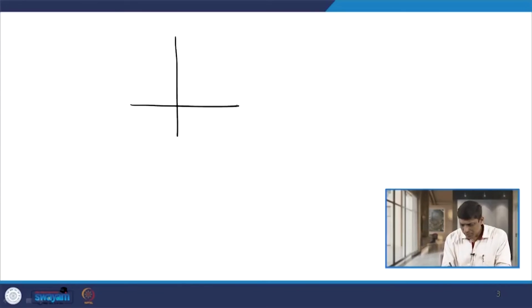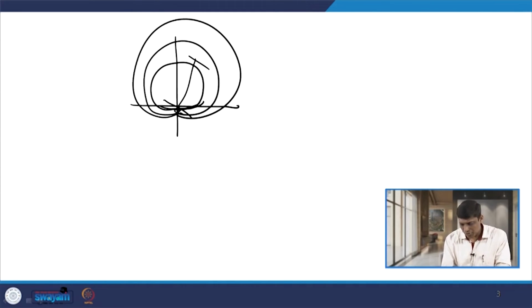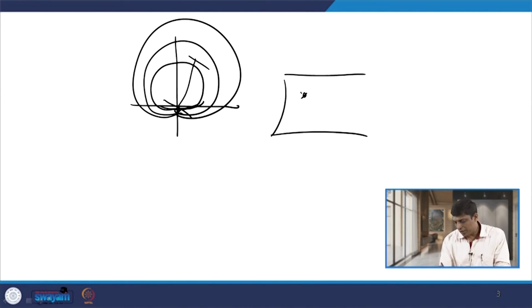For example, if I consider the locus, let us say this is the first zone, we have the second zone, and you have the third zone like this, and the load area is somewhere here. In normal condition the point is somewhere here, and as you increase the load on the line, this point will shift like this.